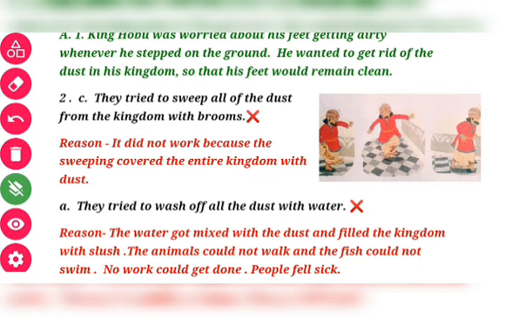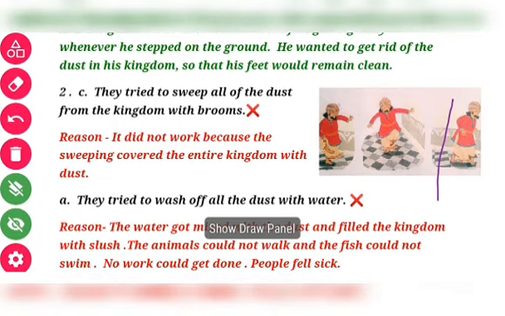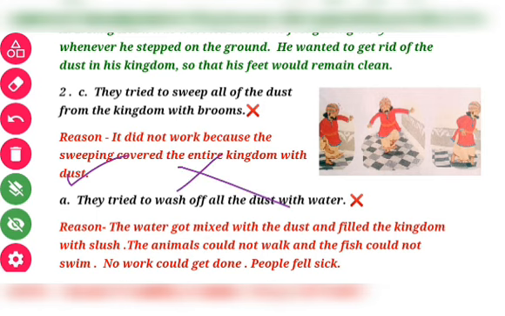You have to tick yes when the solution given by the people of the kingdom worked, and cross the solution that did not work. So here you have to do the same.